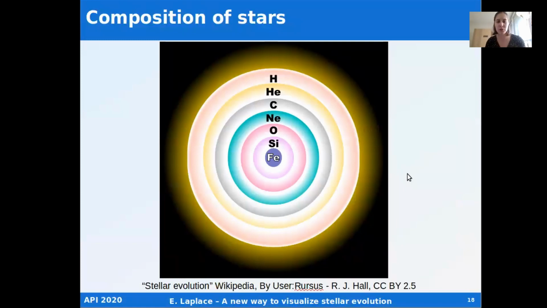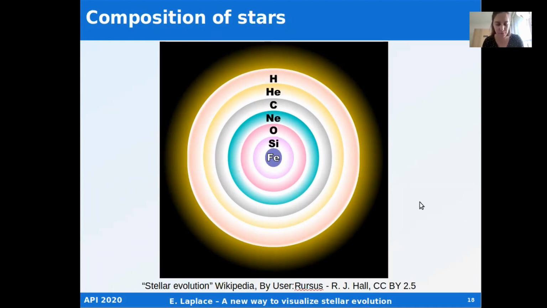So if you Google stellar evolution, one of the first hits is going to be this very famous, I think, Wikipedia page called Stellar Evolution that you may have encountered during your studies at some point. And you will see this thing here. What is this?